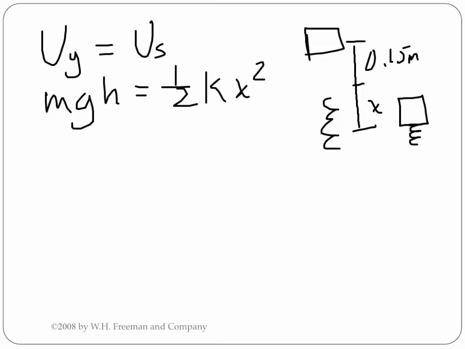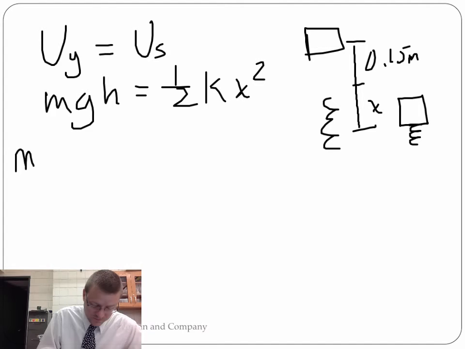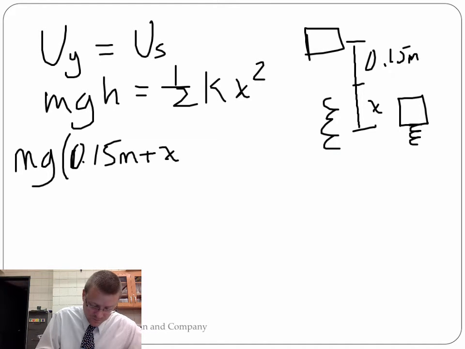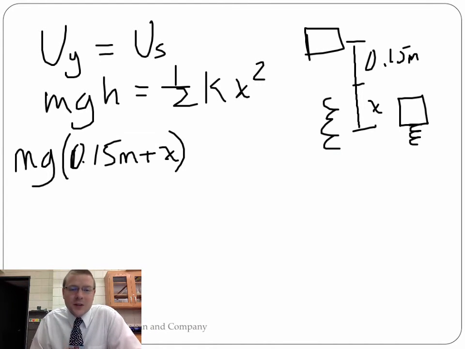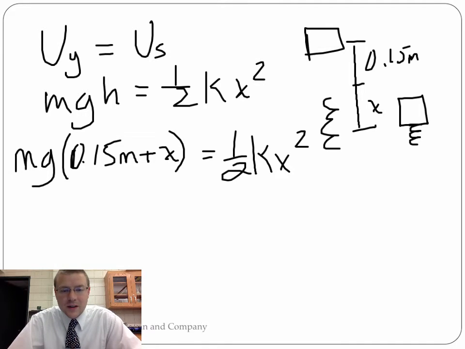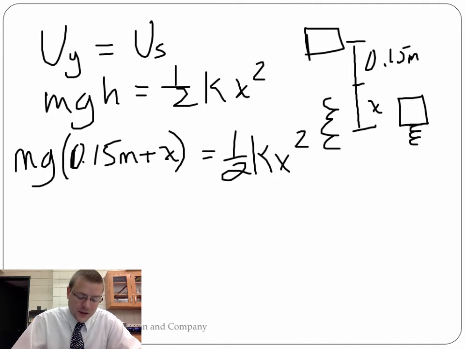So technically, your height is mg with the 15 centimeters plus the x of the compression. And over here on the spring side, I've got my 1/2 kx squared. The unknown here is that compression, how far that spring has been compressed.